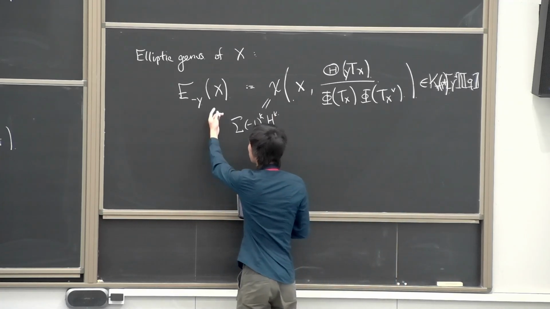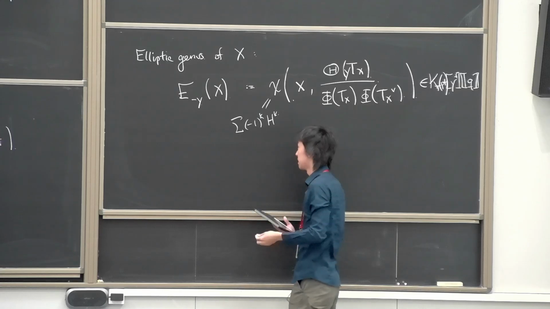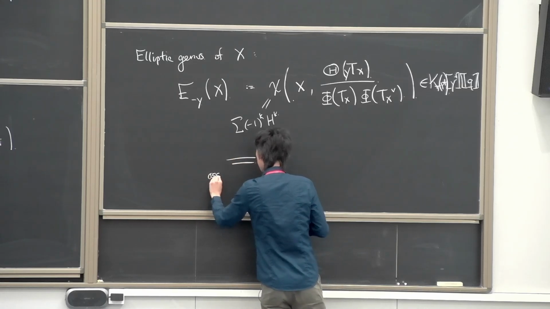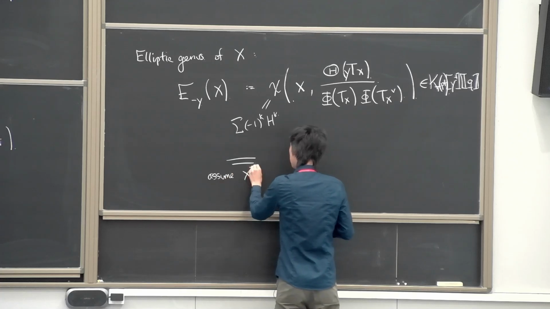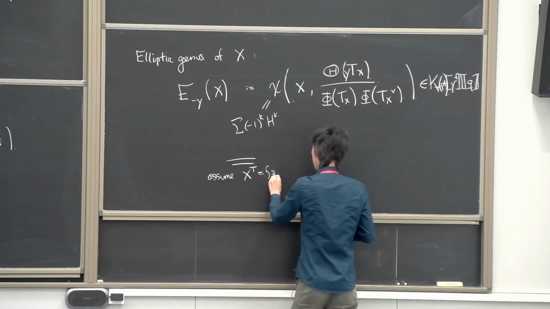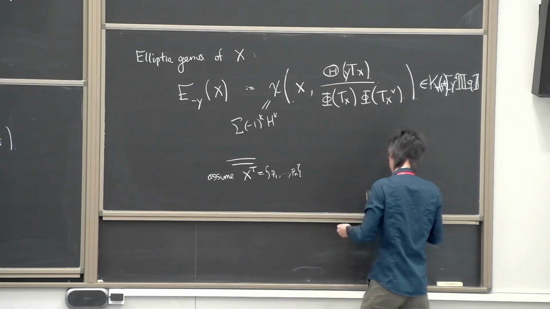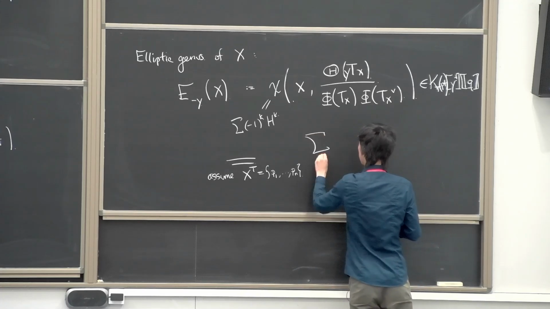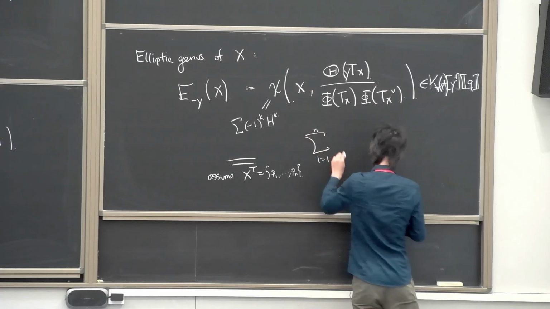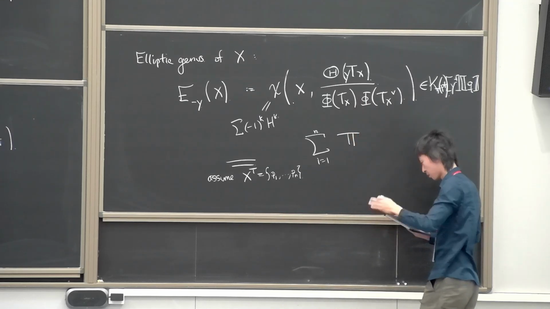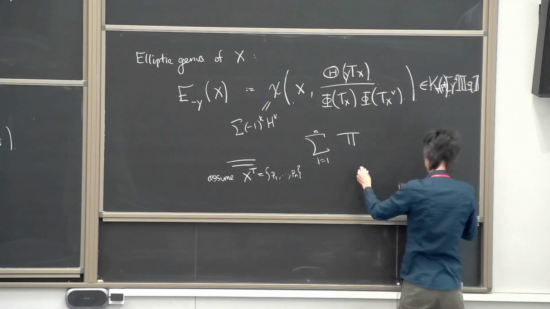Okay. And sort of the simplest situation in which you can think about this is when the T action on X has isolated fixed points. So if the T fixed locus is a whole bunch of isolated points, then by T equivariant localization, you can write this as a sum over these points of the restriction of this integrand with some contribution from localization.